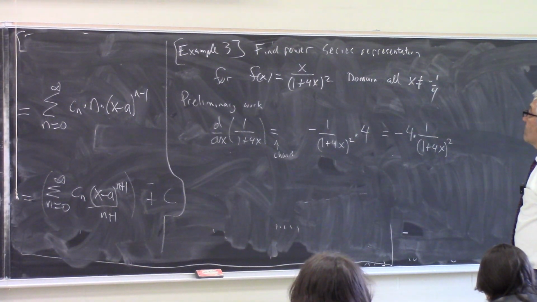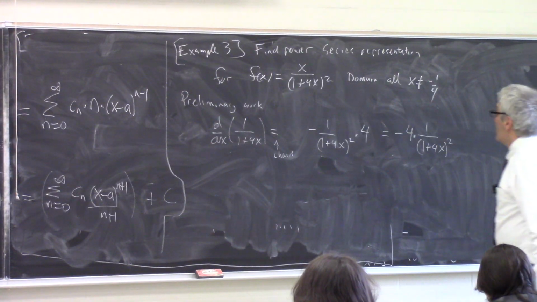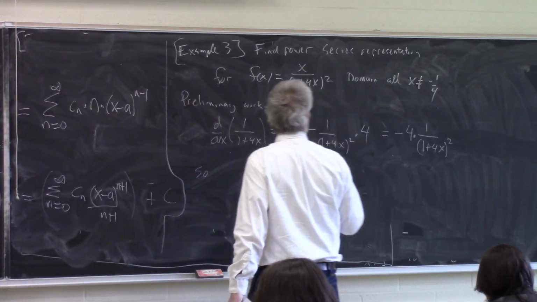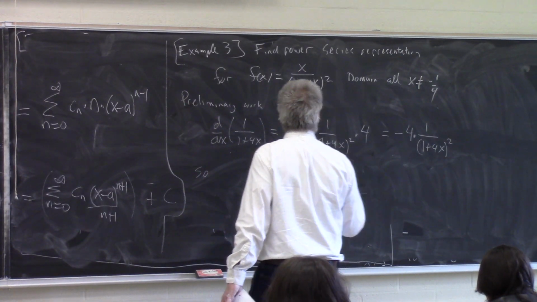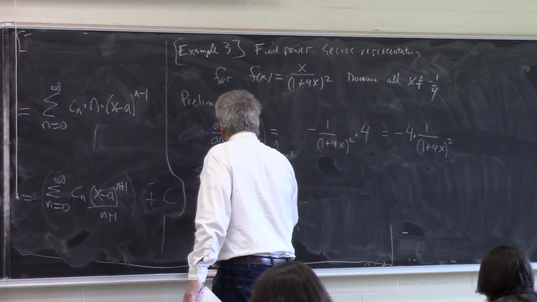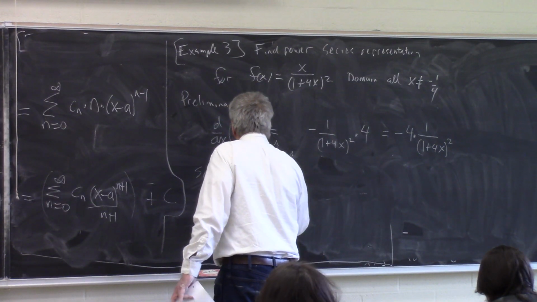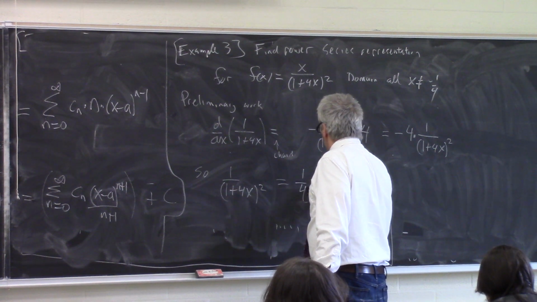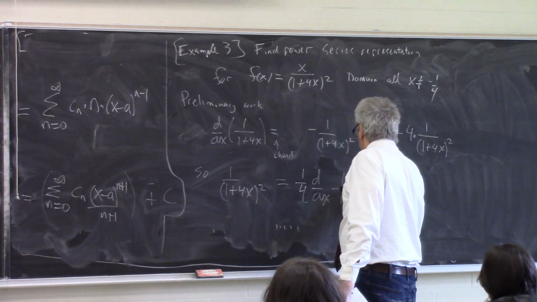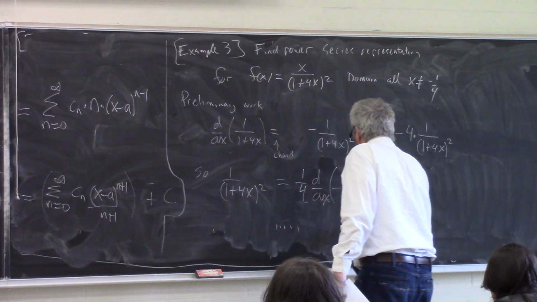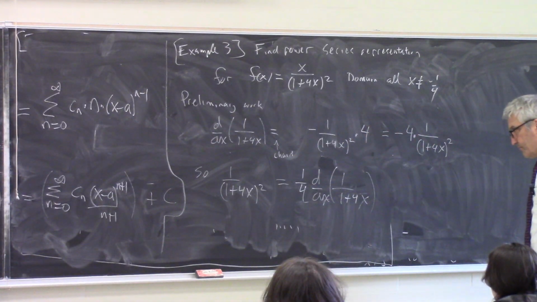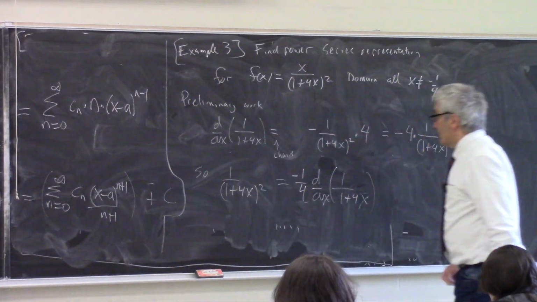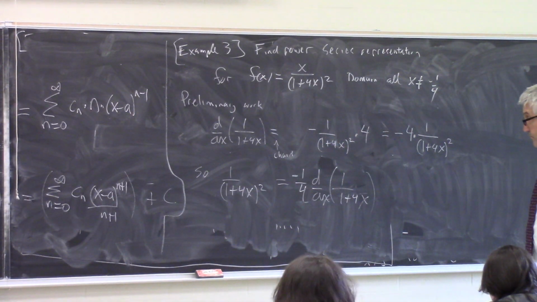Well, we don't quite have that, but that means that 1 over 1 plus 4x squared, by itself, is going to be minus 1/4 times the derivative of 1 over 1 plus 4x. So that's just some preliminary work.